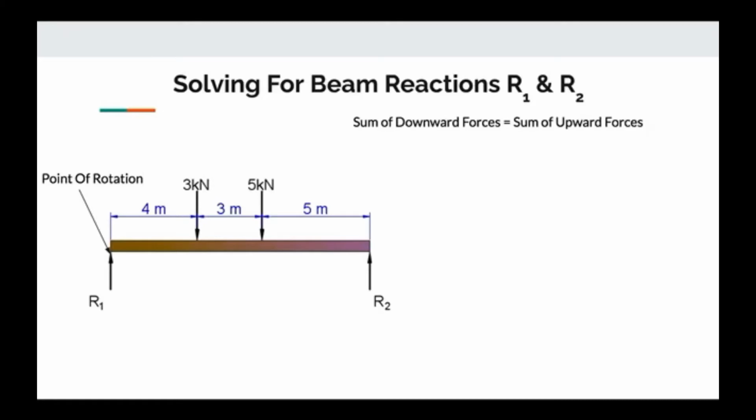The sum of downward forces is the 3 kilonewton force and the 5 kilonewton force. When you add those forces, you'll get 8 kilonewtons. But we don't know what R1 and R2 are individually. We just know that R1 plus R2 is equal to 8 kilonewtons, based on the first formula.